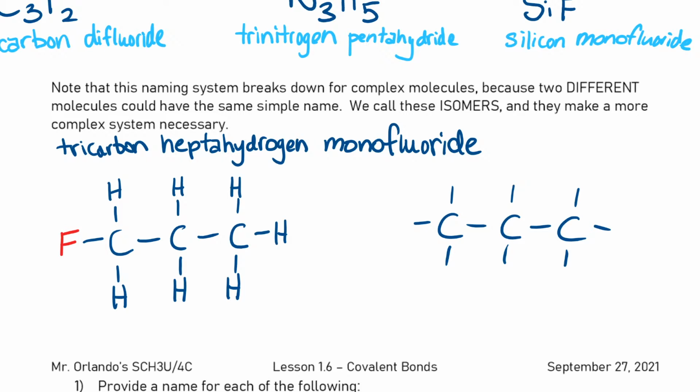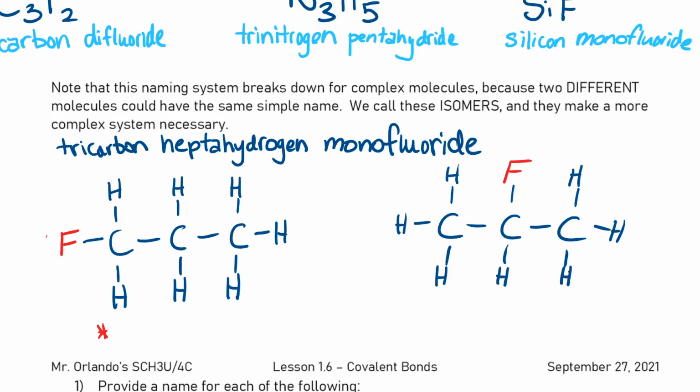So one way it could be built. But is there any reason the fluorine couldn't be here instead? And all these hydrogens. Those are the same basic structure, but they are different. They're not the same. The fluorine's in a different place.